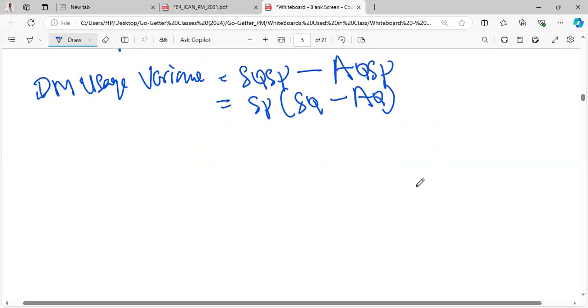So what is going to happen here is the price that is the variance. The standard price is 3 naira.